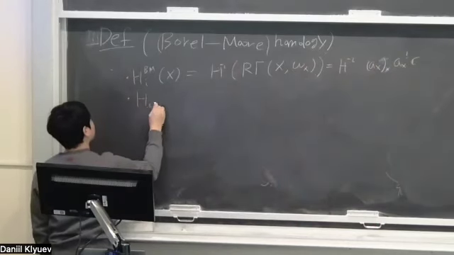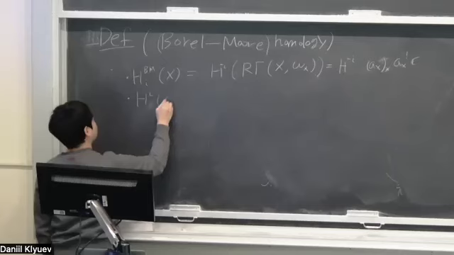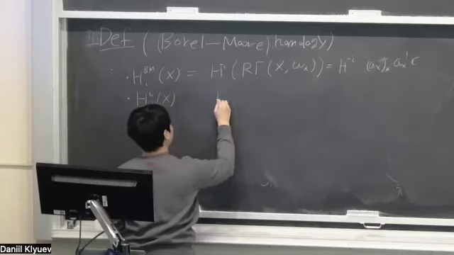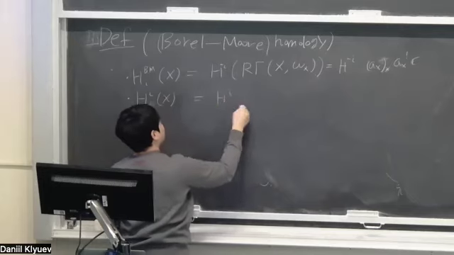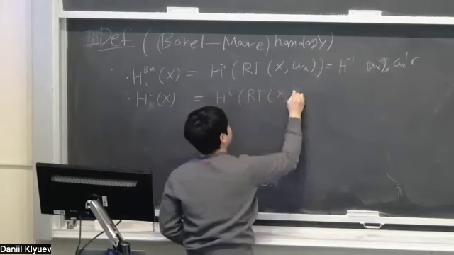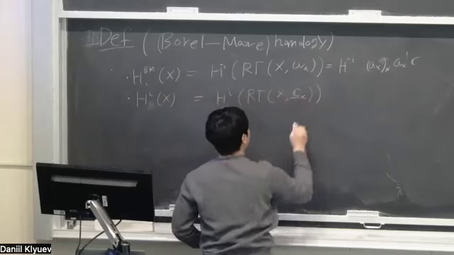And the singular cohomology will be defined as the cohomology group of R gamma of X, C_X.